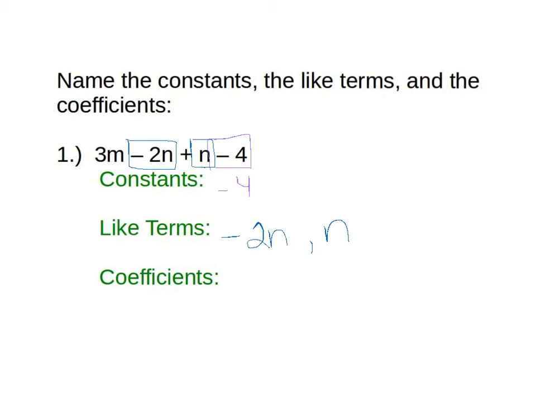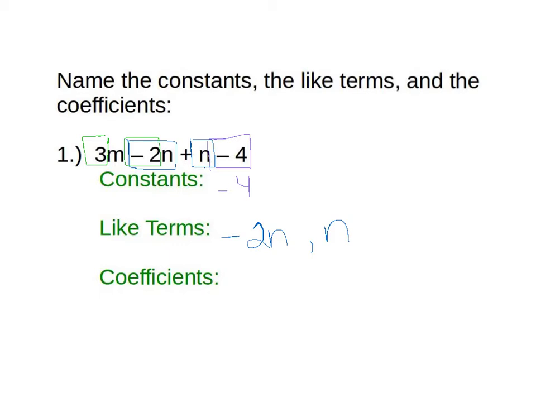Now let's look for our coefficients. Our expression has 3 terms with variables, so it will have 3 coefficients. Our first term, 3m, the coefficient is 3. In our second term, negative 2n, the coefficient is negative 2.